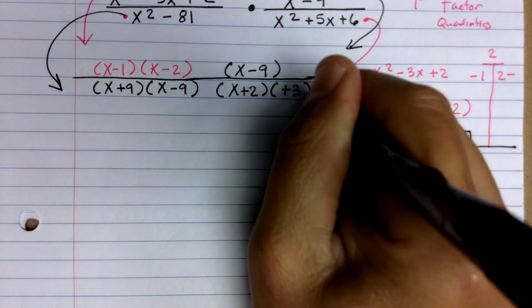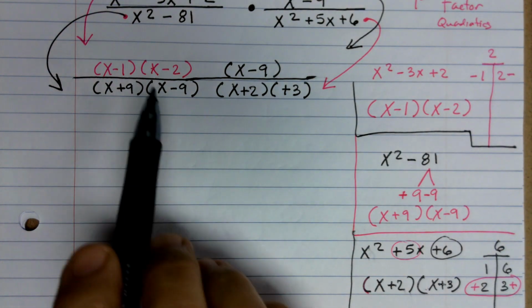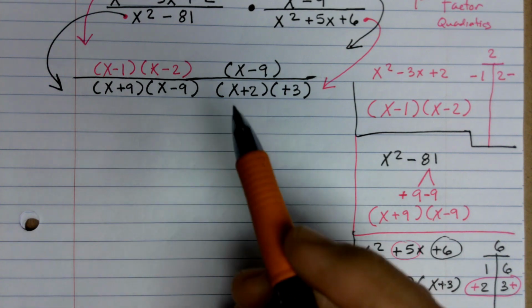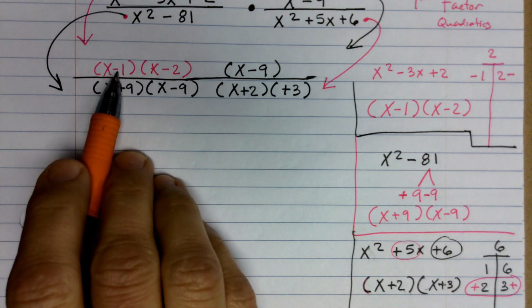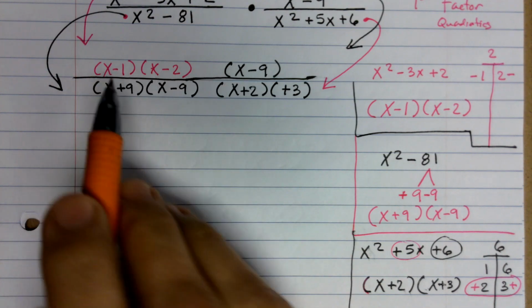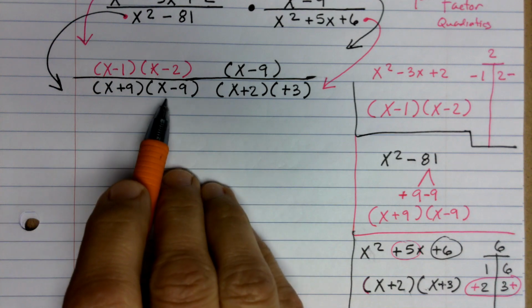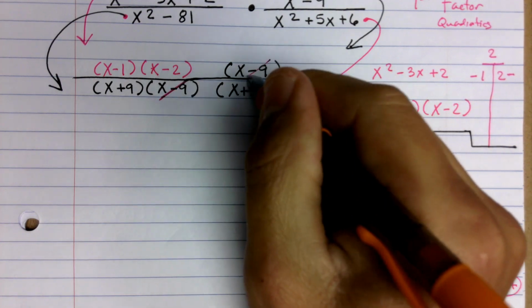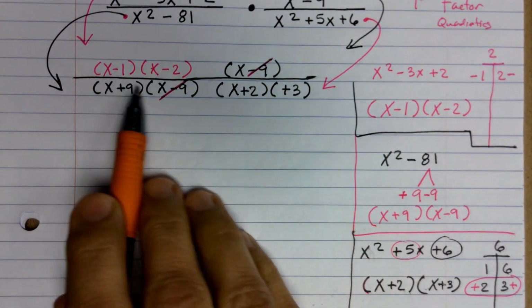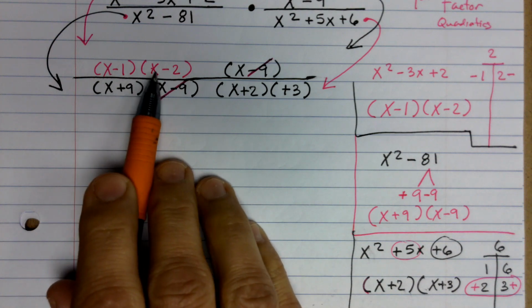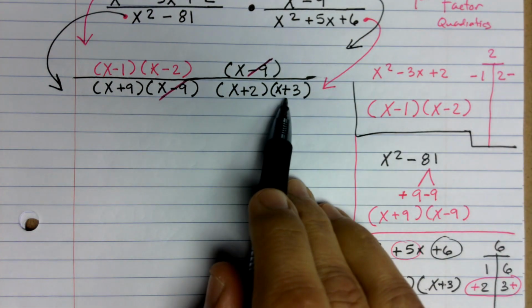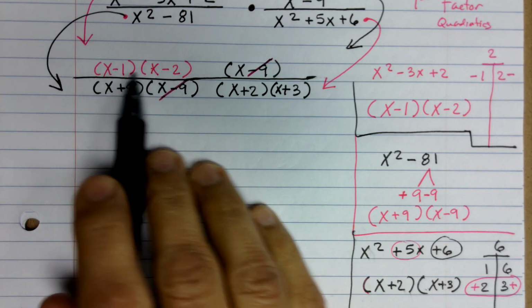At this point, what we want to do is find pairs that are the same and go ahead and cancel them out. And so, for instance, I have right here x plus 9, but in the numerator, I don't have any x plus 9. So that one's going to stay. And then in this one, I have x minus 9. And notice there's an x minus 9 over here. And so those two cancel. And then I have x plus 2, but neither one of these are x plus 2. And then I have this x plus 3, and I noticed that we don't have any x plus 3.